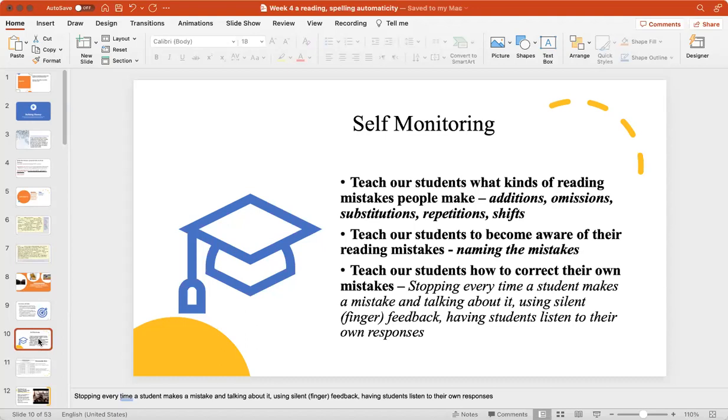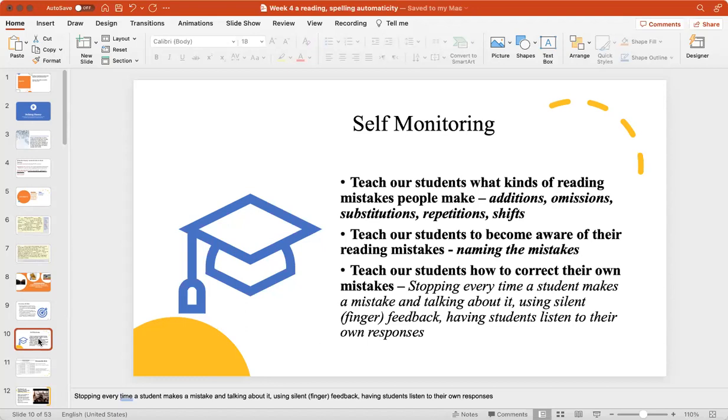Then after they have learned these types of errors, as they're reading, you can put your hand above the words, and when they make a mistake, you stop. That's your student's signal to think about what they just said, look at the word carefully, and self-correct.